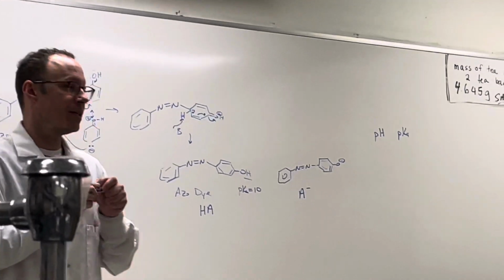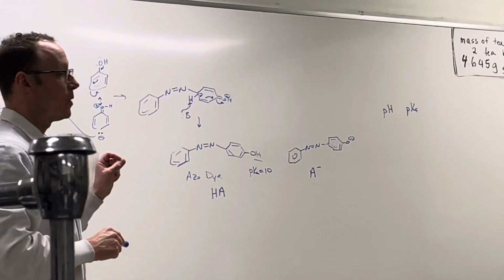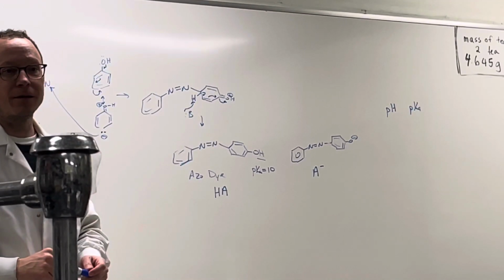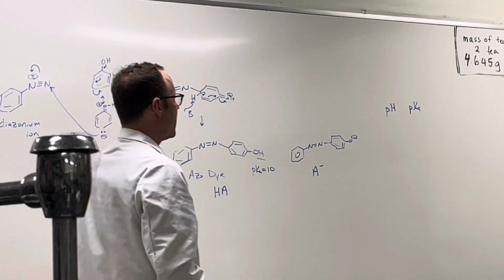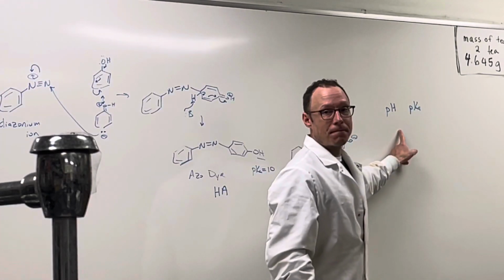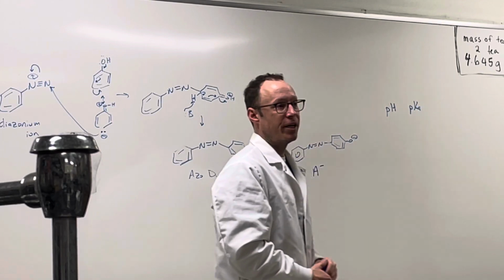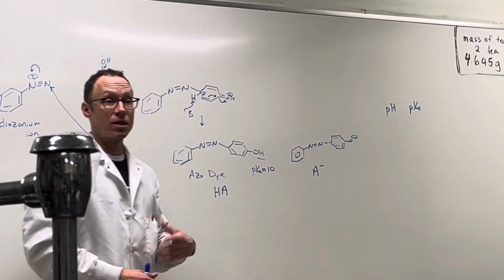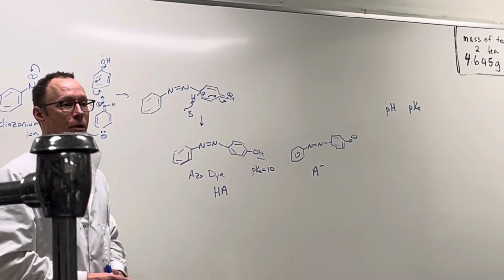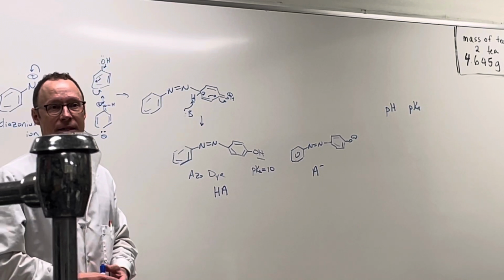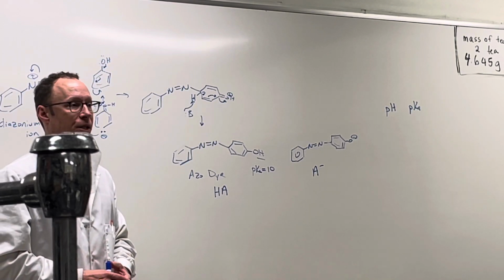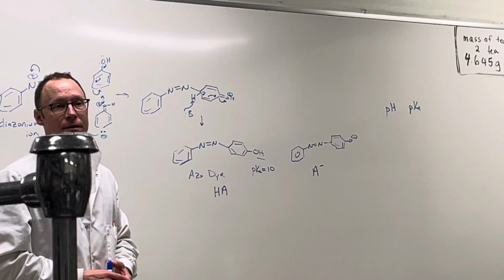Now, before I get too far into this, I just want you to remember a very, very important thing. pH is variable. I can adjust the pH of a solution to anything I want. I want it more acidic, add some HCl. If I want it more basic, add some hydroxide. You can adjust the pH to be whatever you want it to be.